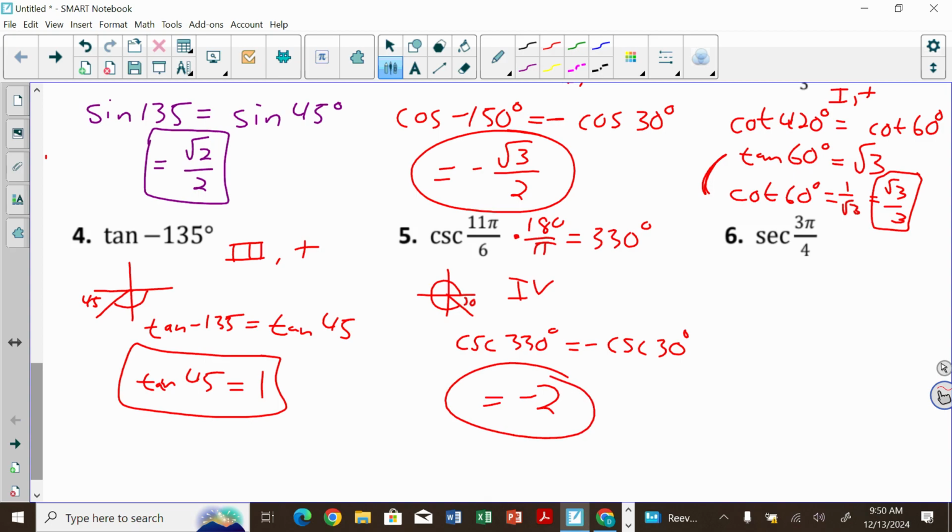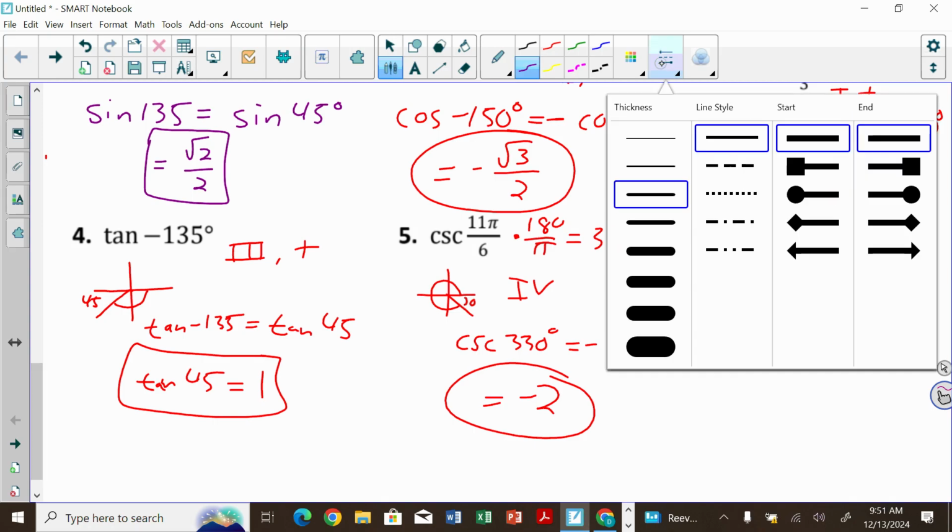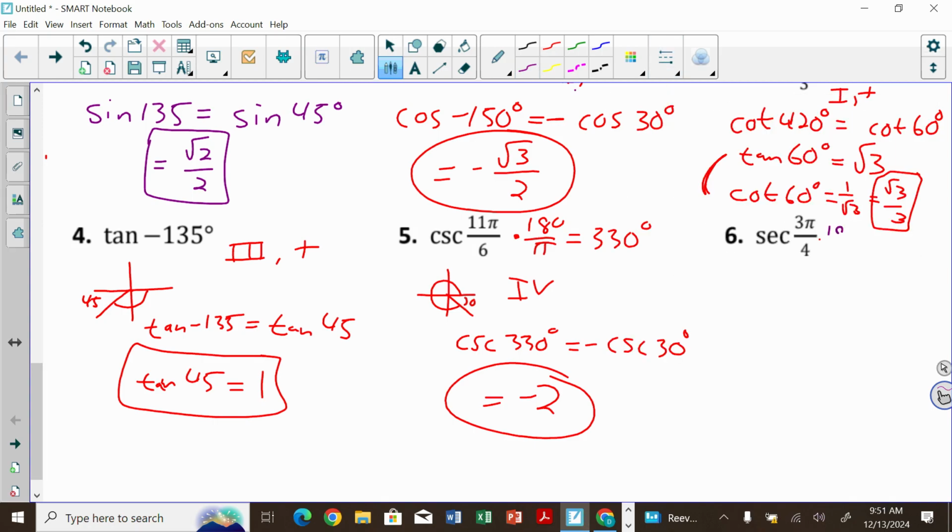Okay, and the last one, secant of 3 pi over 4. So again, multiplying by 180 over pi gives me 135 degrees. If I just draw that really quick, 135 is going to take me over here to quadrant 2. It'd be a 45-degree reference angle.